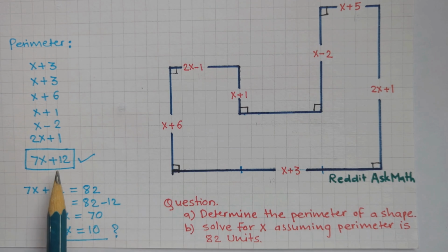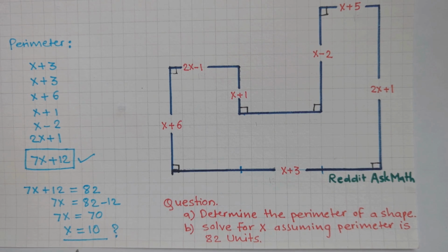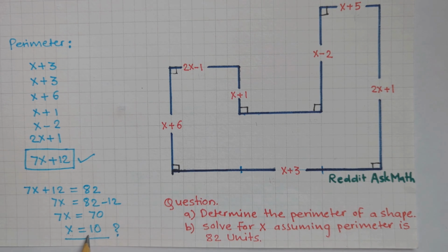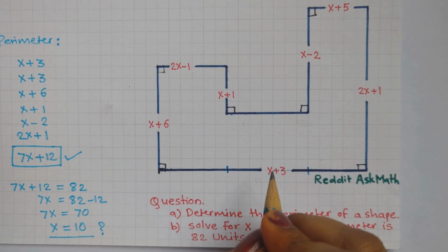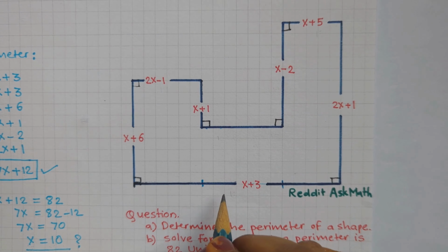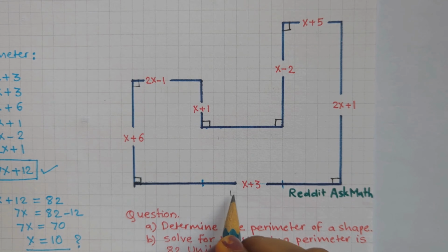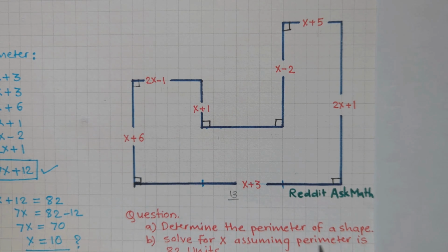So we have reached the answers to both parts: finding the perimeter of this particular shape, and finding the value of x assuming the perimeter is 82. The value of x is 10. With that result we can say that this particular side is going to be 13.